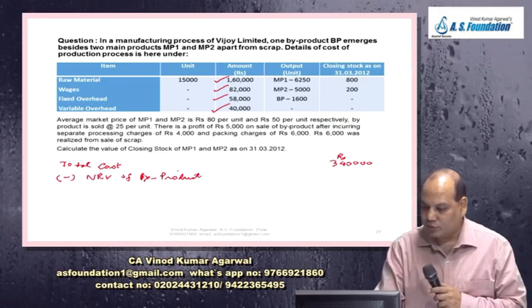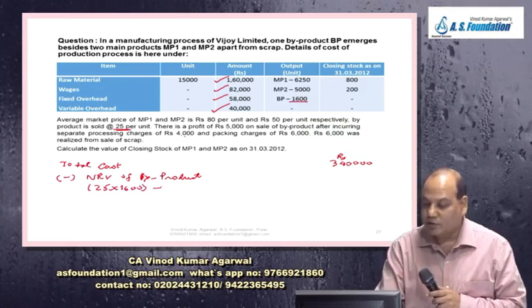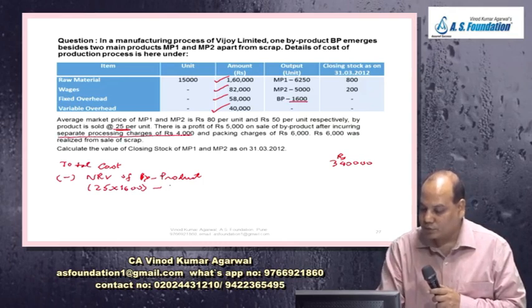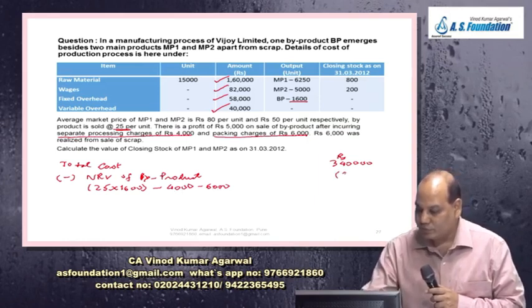NRV of byproduct would be, as you correctly said, 25 rupees into 1600, 40,000. But in order to complete the sale, you need to incur a separate processing charge of 4,000 and a separate packing charge of 6,000. 40 minus 4 minus 6. How much? What about the profit?